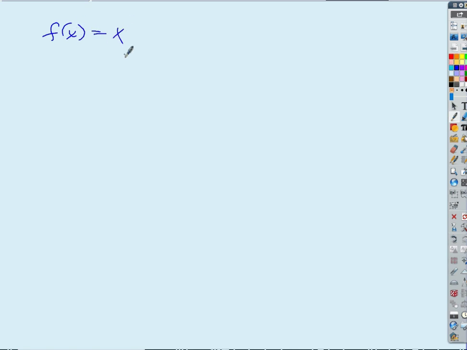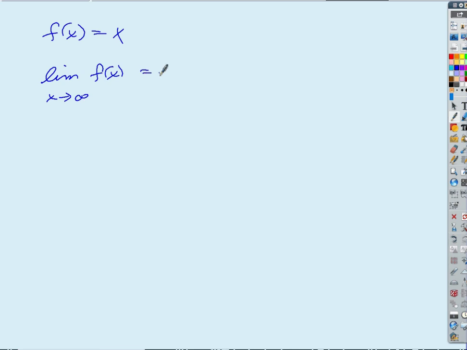f of x equals x, there's our linear parent graph, right? We'll say something like this. We'll say the limit, we'll write that as just LIM. The limit of the function as x approaches infinity is some answer, right?